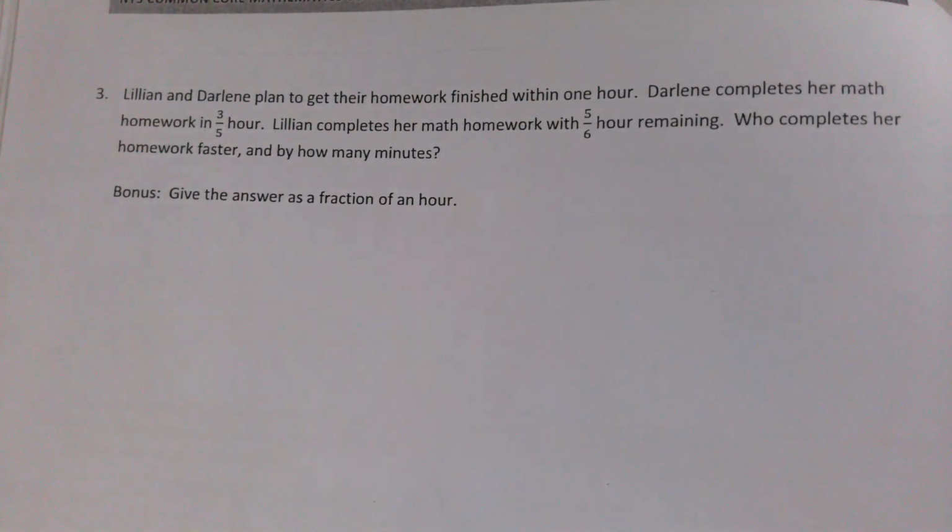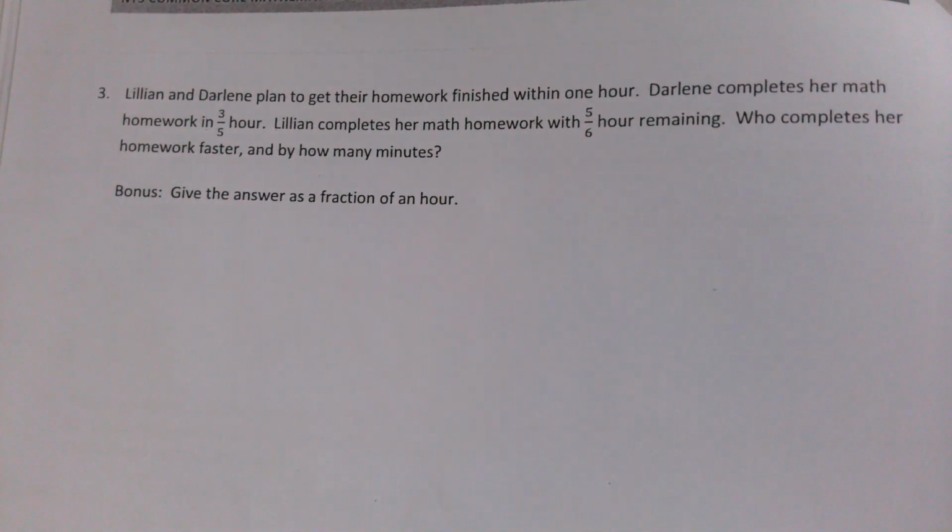All right, now Lillian and Darlene plan to get their homework finished within an hour. Darlene completes her math homework in 3/5 of an hour. So 3/5 of an hour is how long? Lillian completes her math homework with 5/6 of an hour remaining.